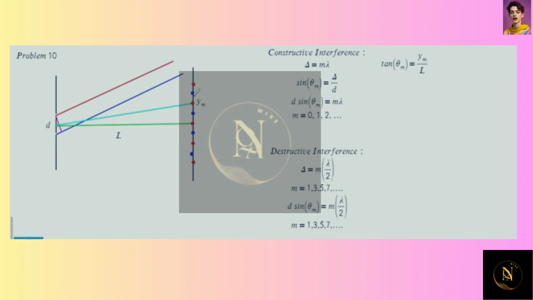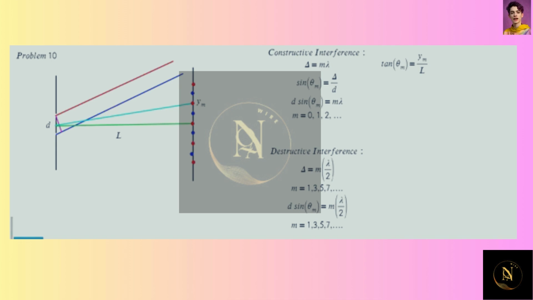And between each bright and dark fringe, we're not going to get completely destructive interference, and we're not going to get completely constructive interference. We're going to get something in between. So when waves arrive at a bright spot, they are in phase. When waves arrive at a dark spot, they are completely out of phase.